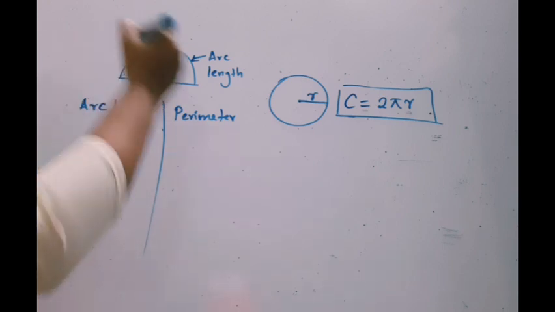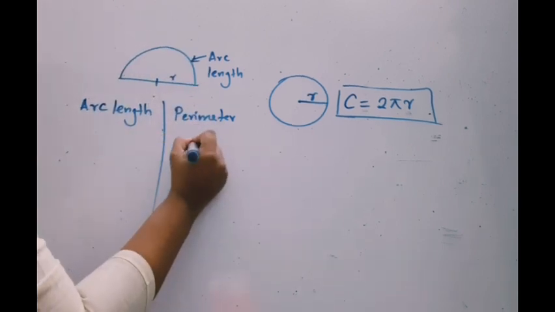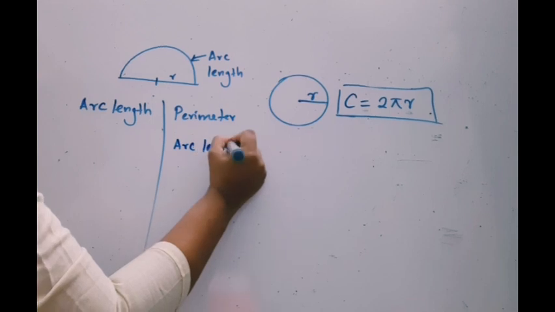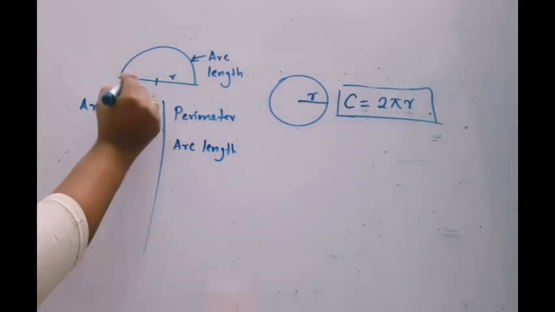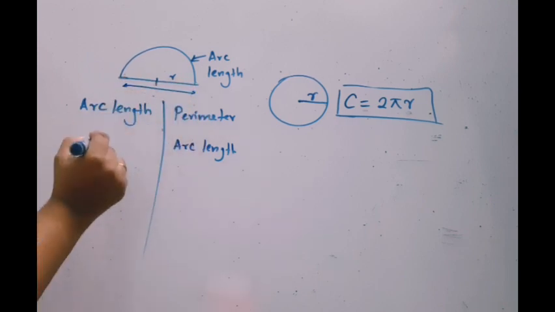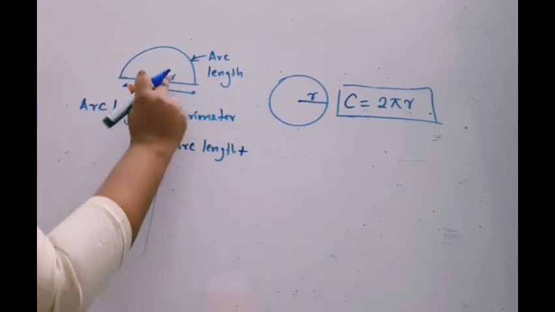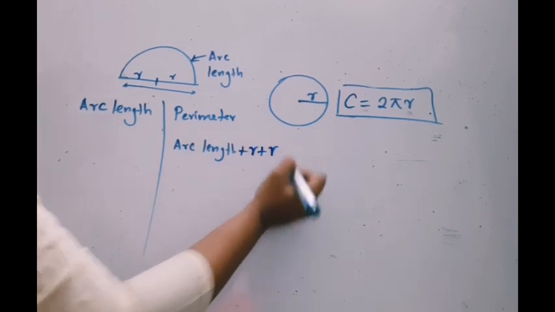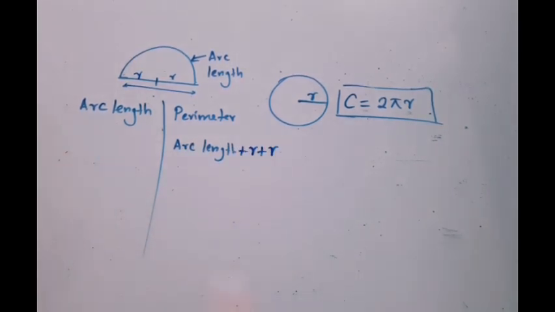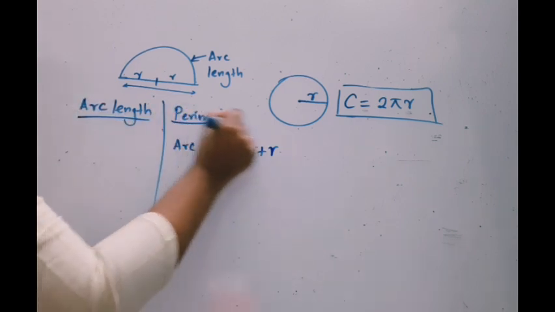Which means you need to add the length of the arc as well as this part. In this case, this is the diameter. So the diameter is what? r plus another r, so you should add the radius twice. Can you identify the difference between the arc length and the perimeter in this sector?